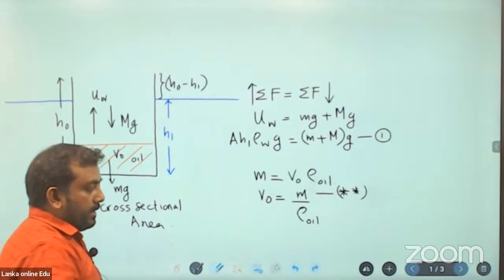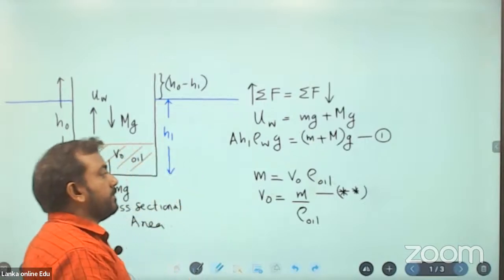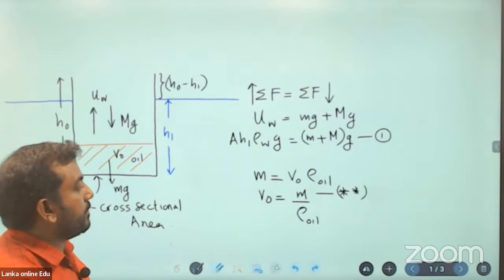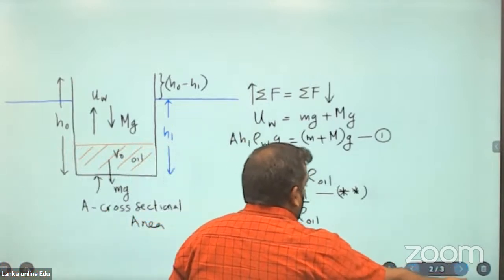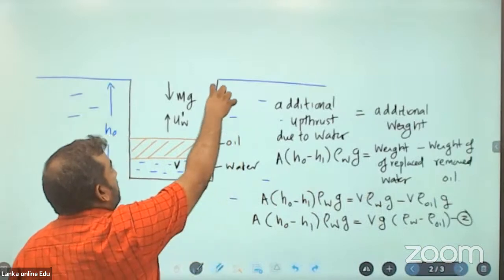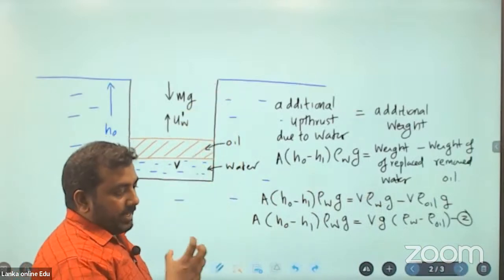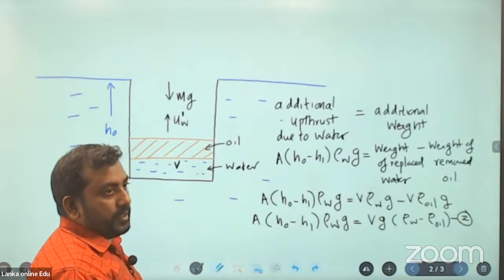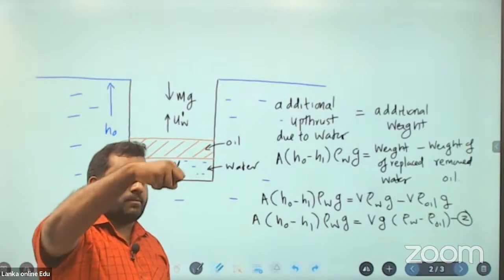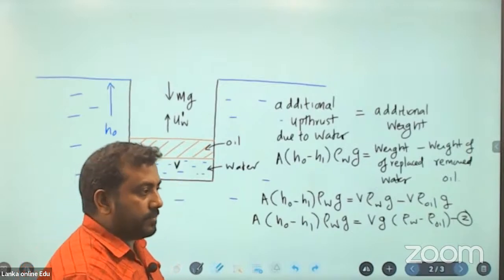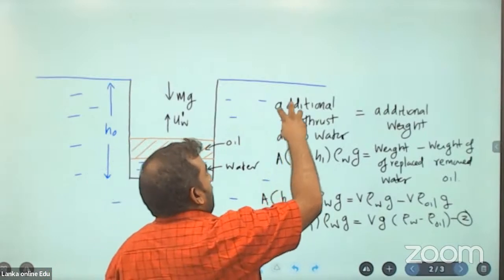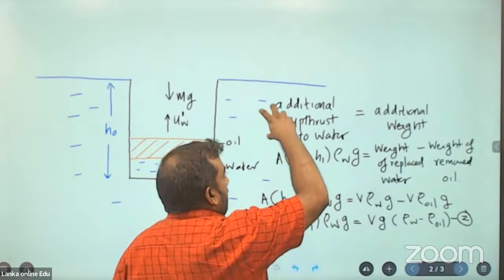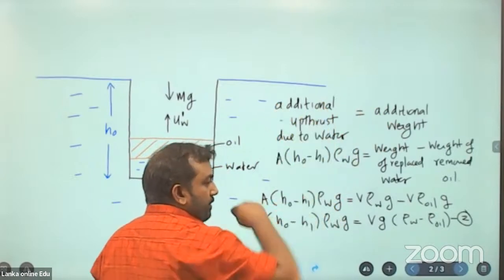This additional weight will cause the beaker to submerge more. And the additional upthrust is equal to the additional weight.